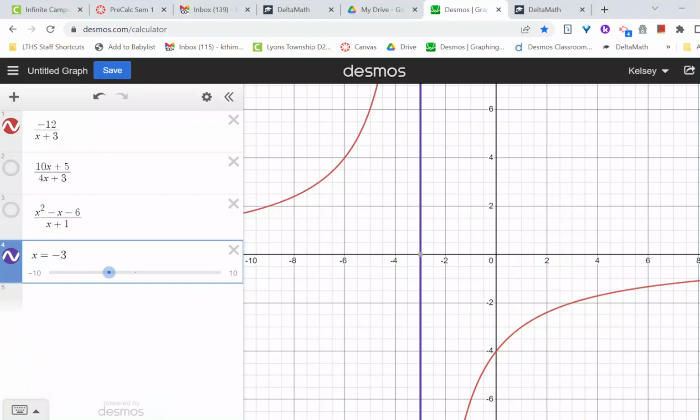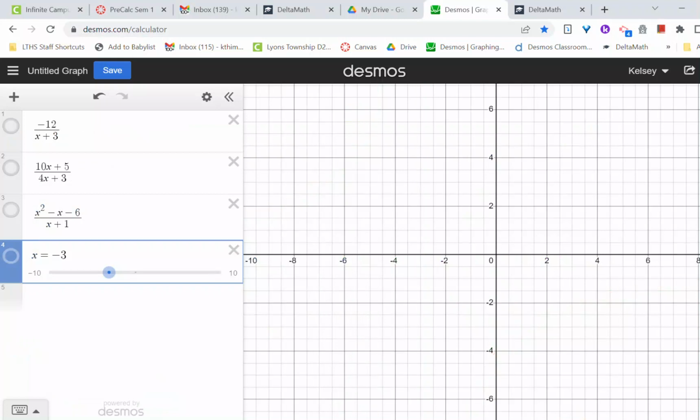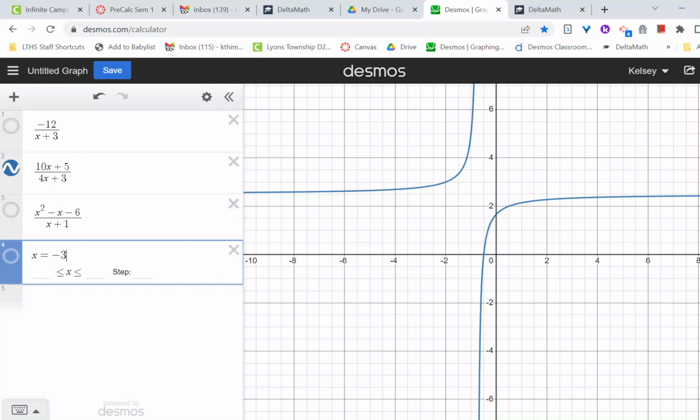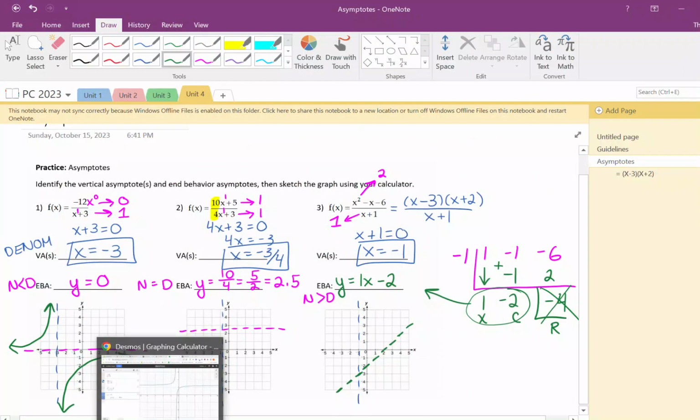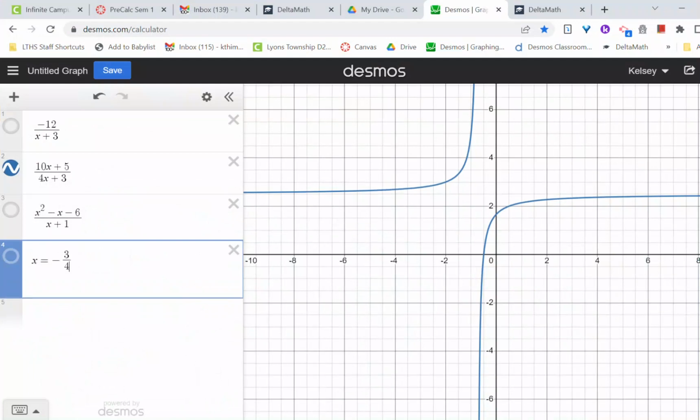We can do the same thing with the second equation. Again, typing that in, you can see there our vertical asymptote is accurate at that negative, what did we say? It was -3/4, right? So again, typing that in, you could see that works.